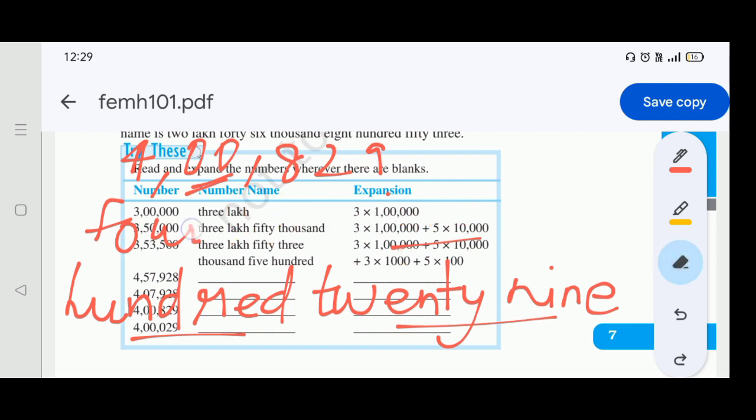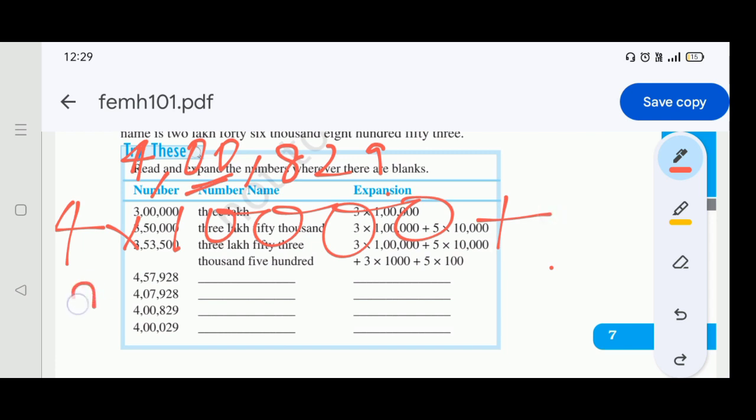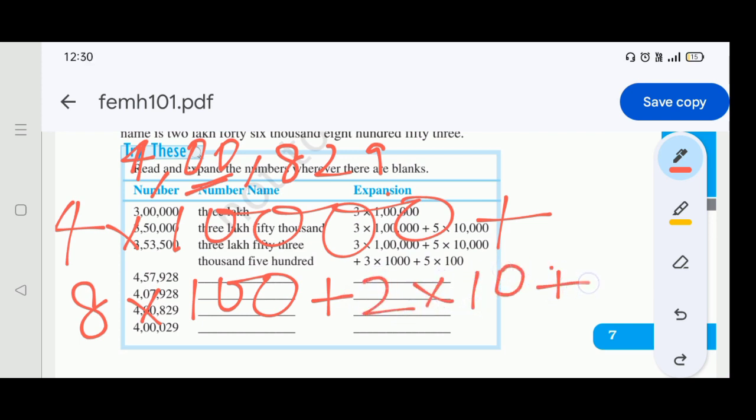So the expansion would be 4 into 1 lakh plus 8 into 100 plus 2 into 10 plus 9 into 1.